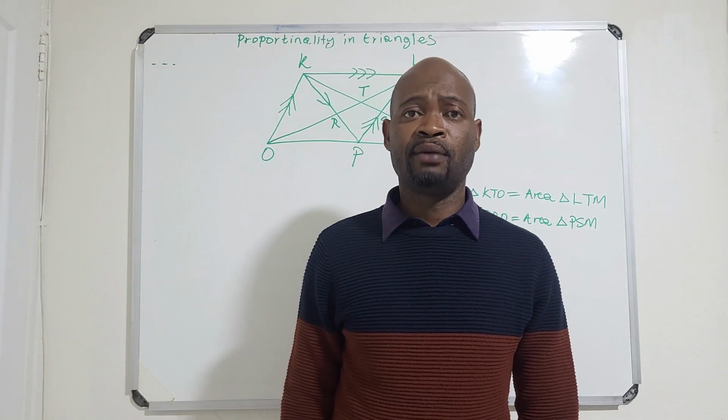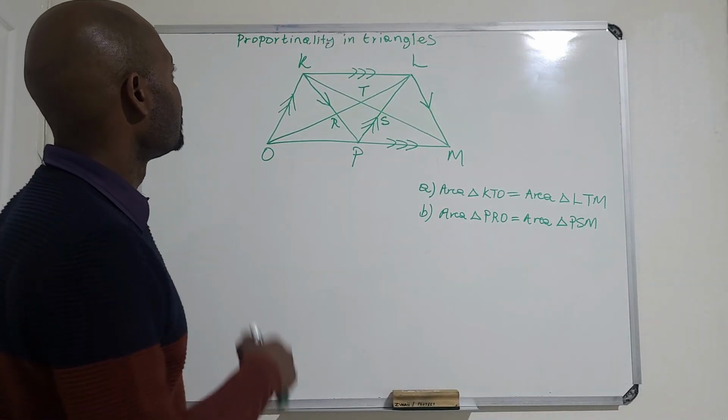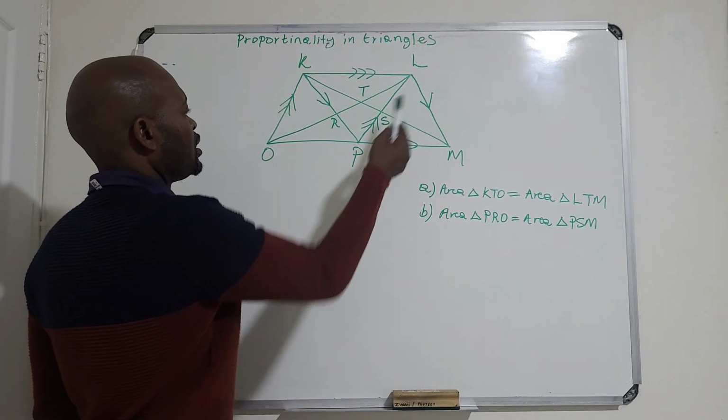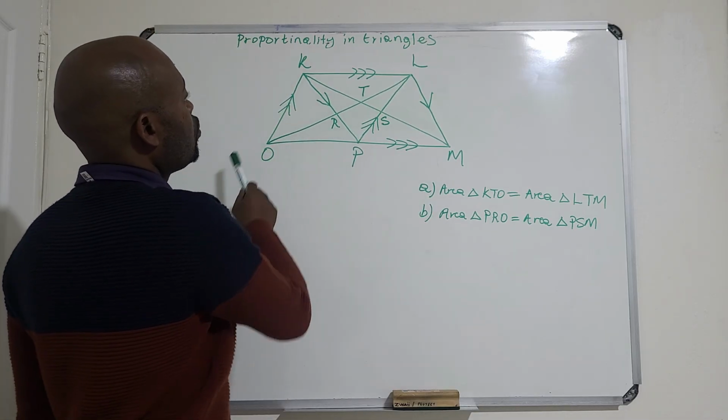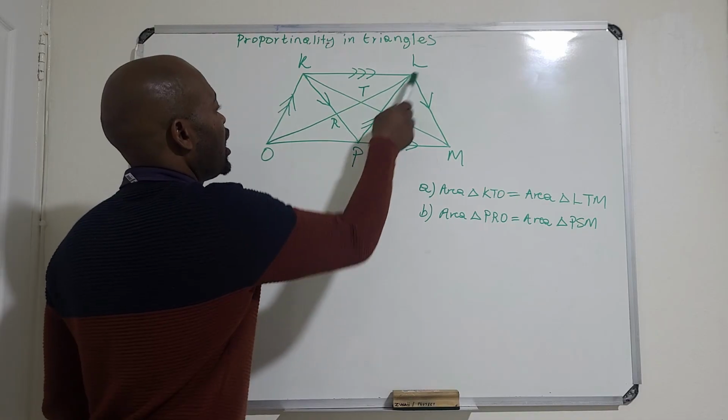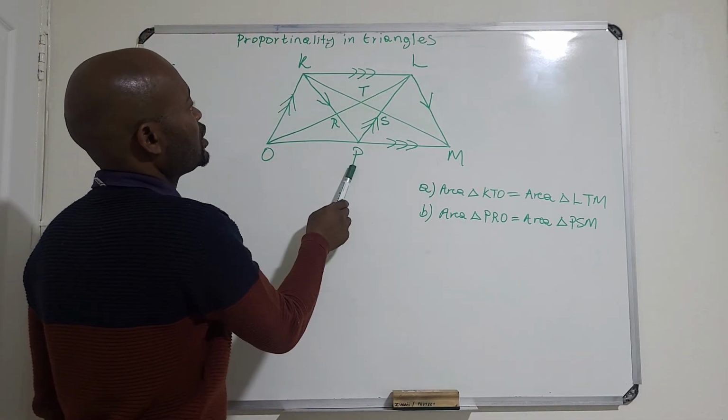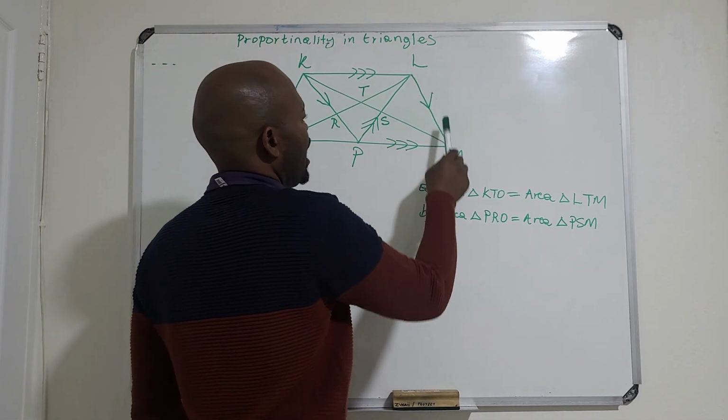Let's look at another example. In this diagram, KL is parallel to OM. KO is parallel to LP. And KP is parallel to LM.